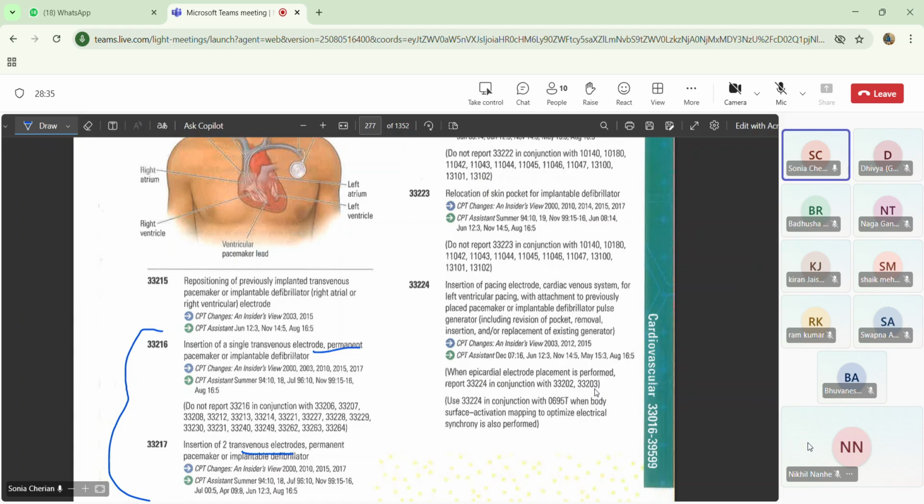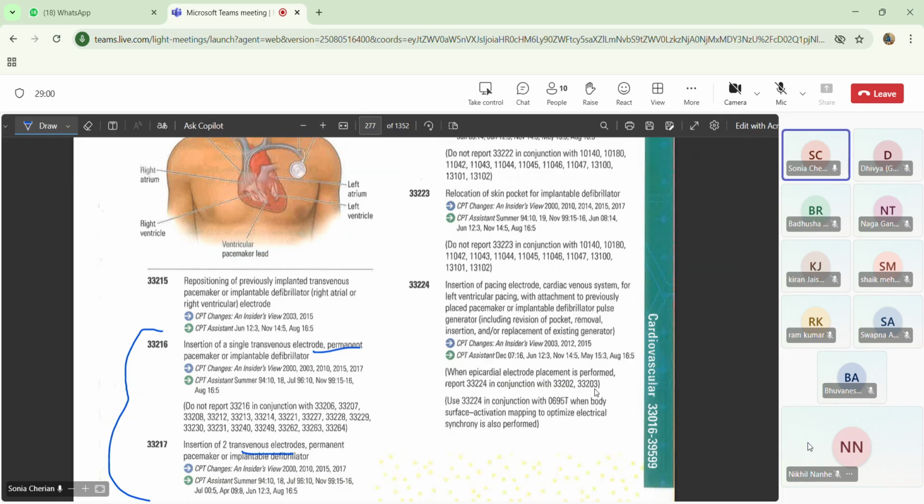Sometimes they might have an existing system, and now they are converting it into a biventricular dual system or biventricular multiple lead system. For example, the patient might have only one electrode in the right atrium. Always when electrodes are placed, it will first get placed in the right atrium, then into the right ventricle, and then into the left ventricle.